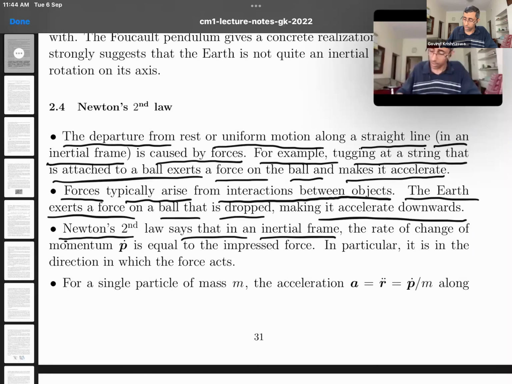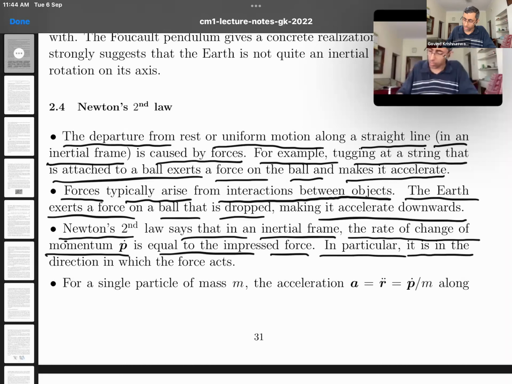It says that in an inertial frame, the rate of change of momentum, which is written p dot, is equal to the impressed force. So the force on the particle results in the rate of change of momentum being equal to the impressed force. In particular, the rate of change of momentum is in the direction in which the force acts. Let us write this as a formula.